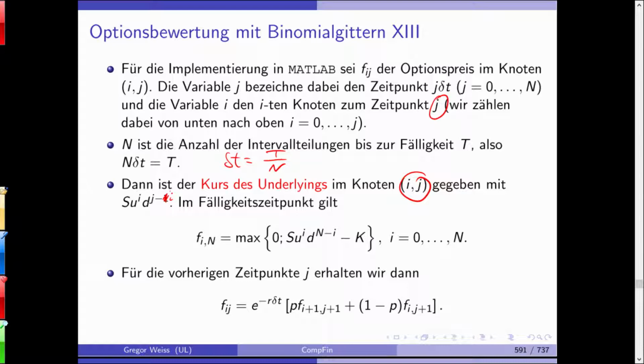Fin, obviously at maturity, you know the terminal values of the option. Those are just the payoff profiles. And for any period, any previous period j, Fij is probability times one payout plus 1 minus p times the other payout, and discounted.